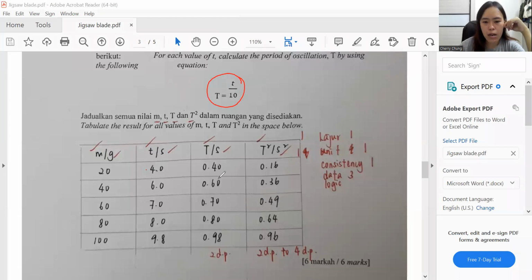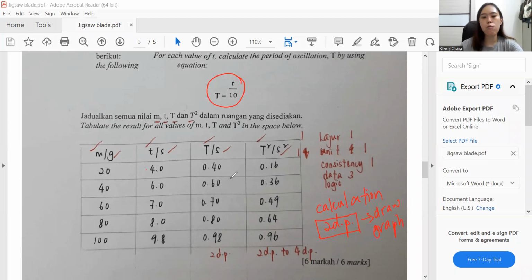Any readings that involve calculation, you can give up to 2 decimal places. Why fix to 2 decimal places? Because it's easier for you to draw your graph. So anything that involves calculation, you round it off into 2 decimal places.